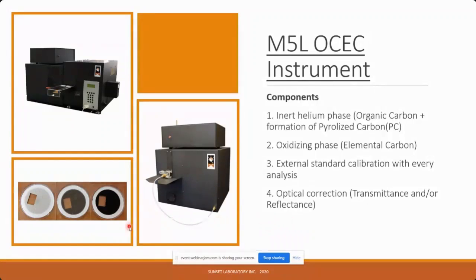Just to give people an idea of how this works, at least this instrument, you'll see in a little while that we have another instrument. The user can collect their filters manually. These are quartz fiber filters. Recall that this instrument can go up to 930 Celsius, so you have to have a quartz medium, or a filter medium, that can withstand that high heat.